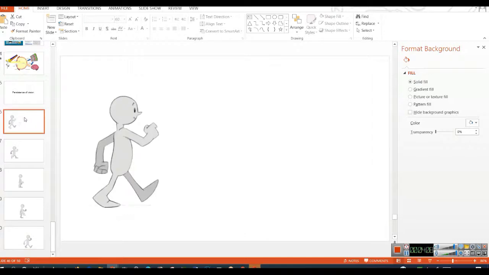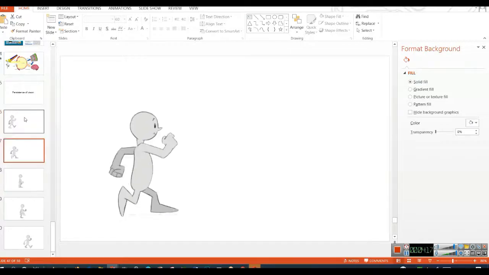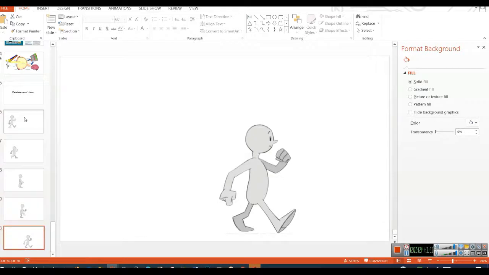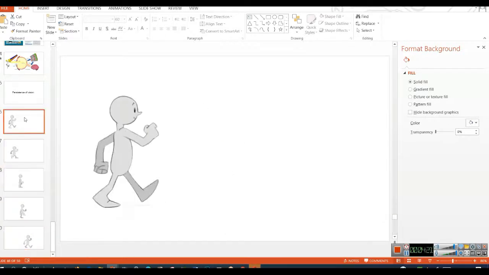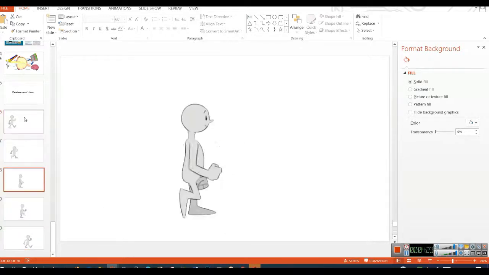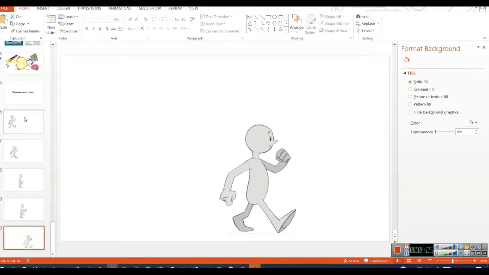Now when I play this slide a bit fast, let's see what happens and how we feel. Again I am playing this a little fast. Don't you feel a motion as if a person is walking in front of you?